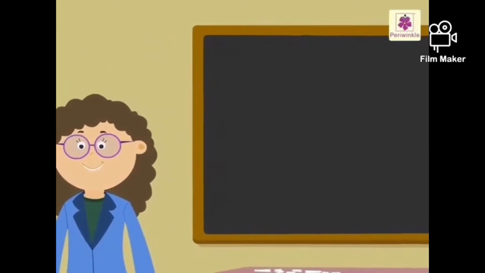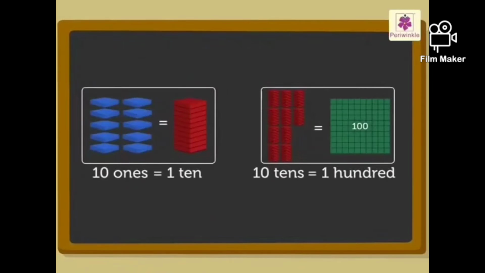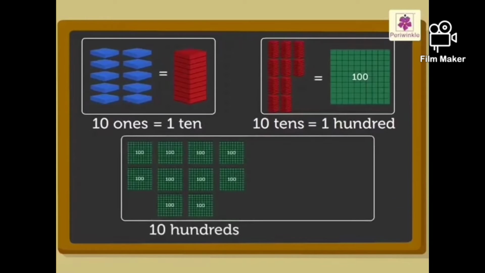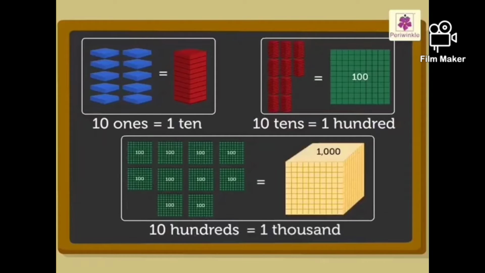We have already studied the relationship between ones, tens, and hundreds. We know that 10 ones make 1 ten, and 10 tens are equal to 100. Now, when we group 10 hundreds together, we get 1000.